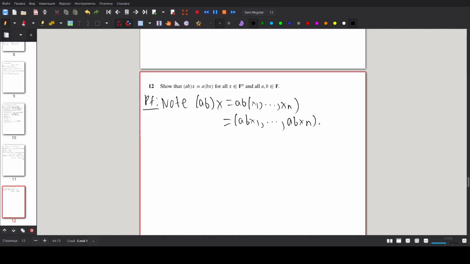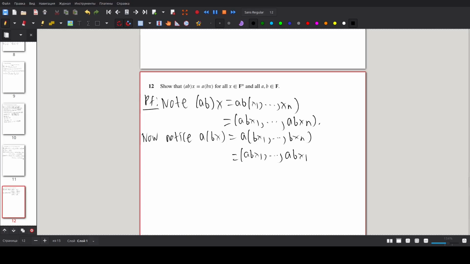Okay, now notice that abx is going to equal a times bx1 dot dot dot bxn, which equals, we just multiply by the scalar again, abx1 dot dot dot abxn. So they equal the same thing, and we're done. Boom.